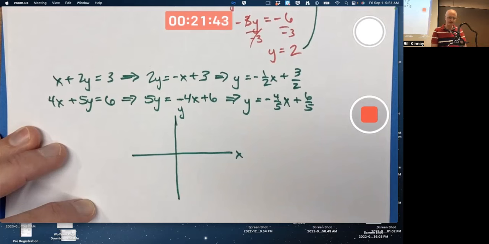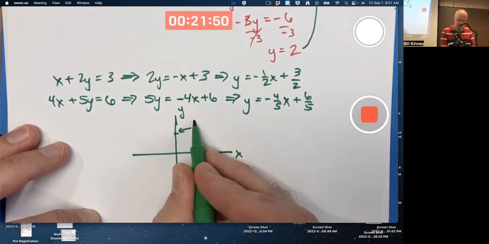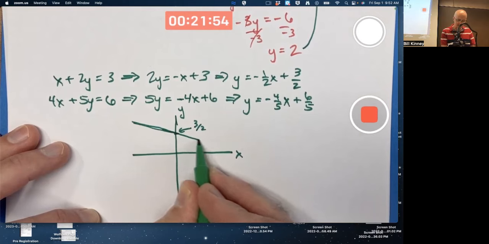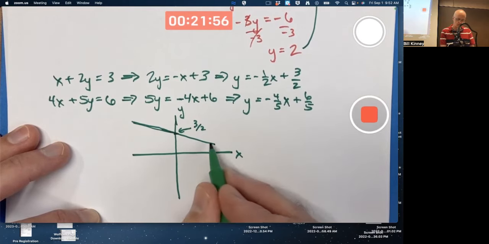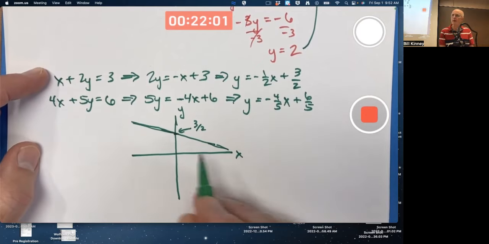Real quick, but not necessarily super accurate sketch here. Intercept of 3/2, let's say that's right there, that's 3/2. Slope of -1/2 might look about like this. The x-intercept of that first one is 3, but I won't bother drawing it.